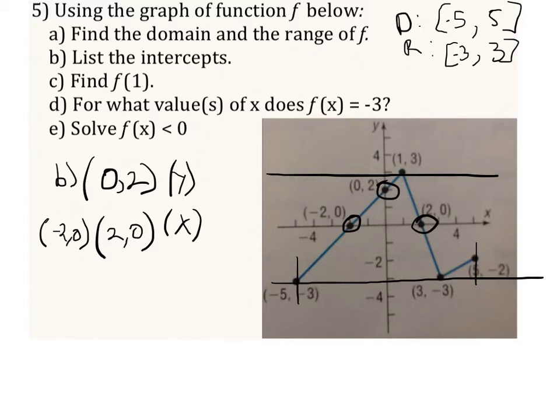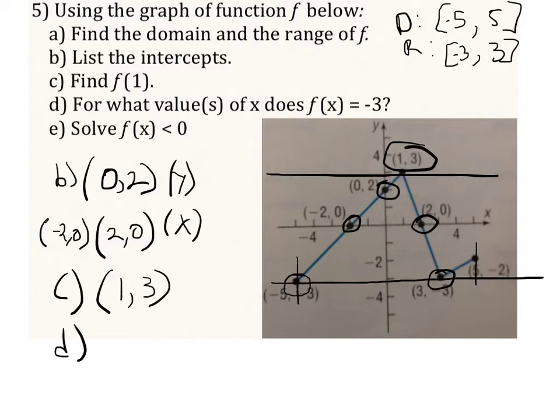For C, f of 1 looks to be 1, comma 3. And then for what values of x does f of x equal negative 3? Well, we've got negative 5 and positive 3. So for D, we would say negative 5 and positive 3.